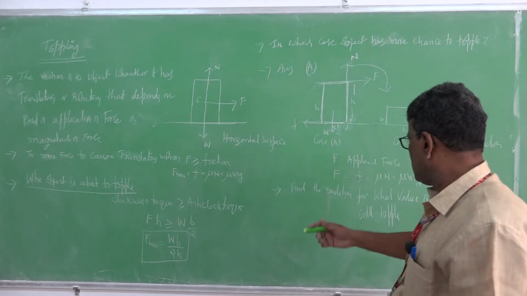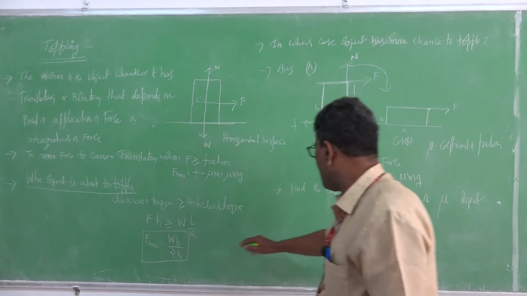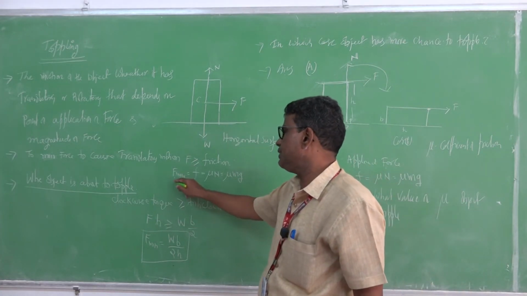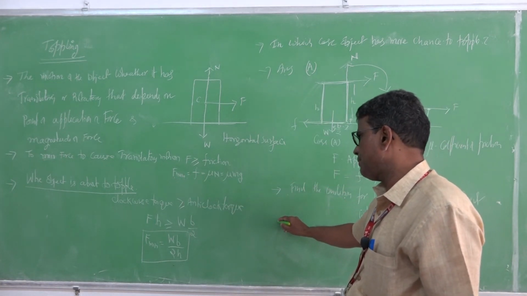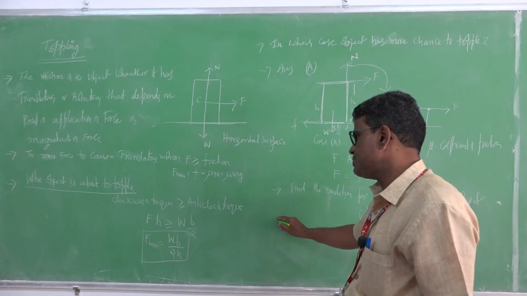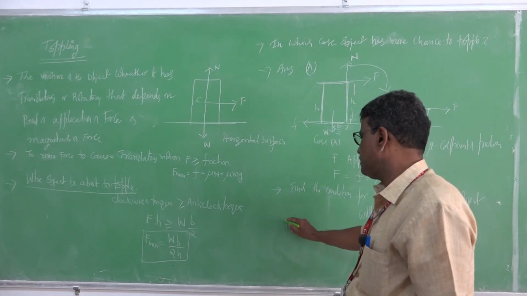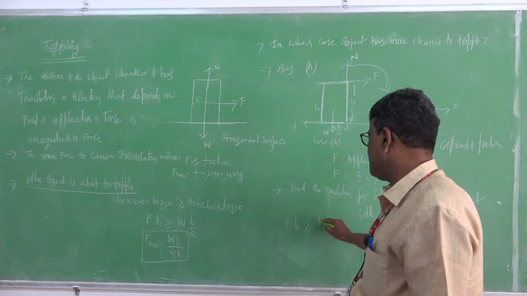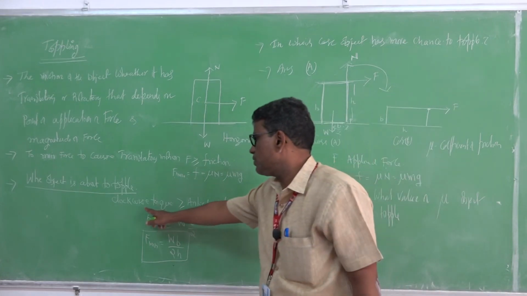Okay, what is the condition? For translatory motion, F is equal to mu N. So instead of F, I am writing mu mg. So F h is greater than or equal to mg into b by 2. This is the clockwise torque.